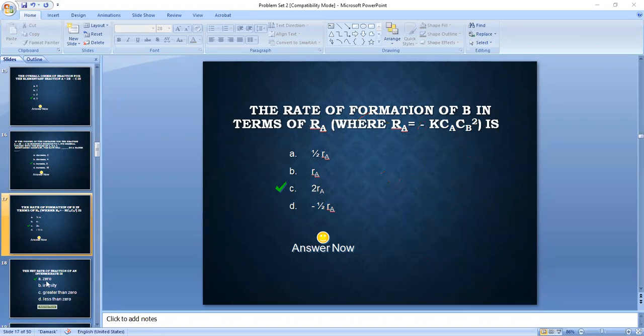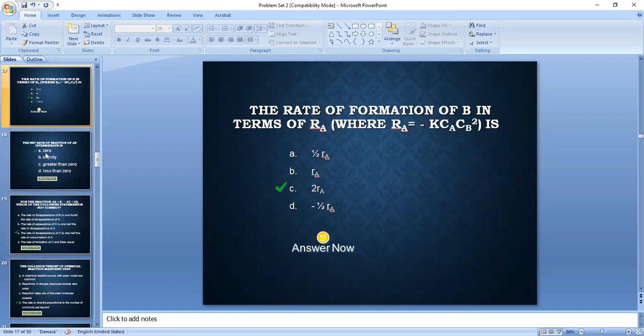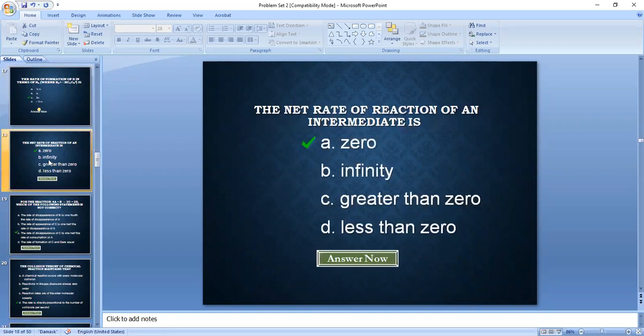Now we go to 18. The net rate of reaction of an intermediate, especially in your mechanism of reactions, is 0. If you recall, when we did proving for the relationship of the provided rate equation or for the implied rate equation to the given mechanism of reaction, we write down the net rate of reaction of intermediates and we equate it to 0.